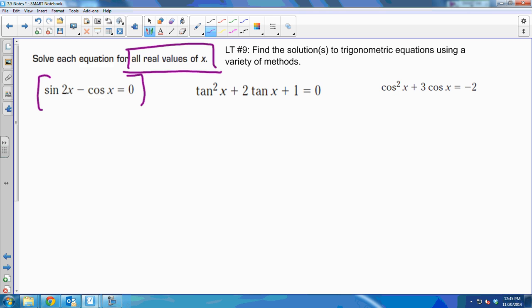Sine 2x is an identity. 2 sine x cosine x is what sine 2x is. That's one of those identities on the red formula sheet. It's a double angle identity. So you're just going to replace it with what it's equal to. Right, so now there's a cosine in each term, and I can factor.